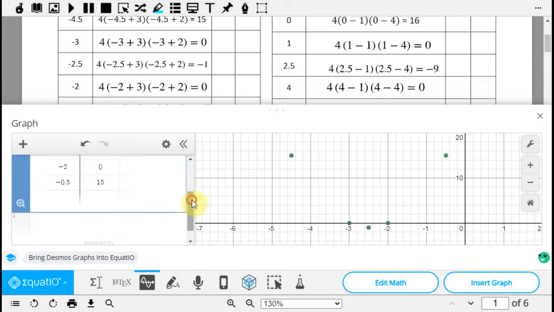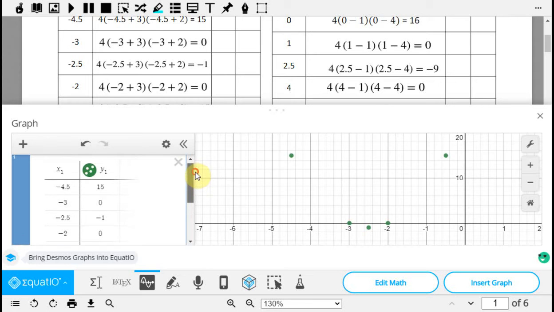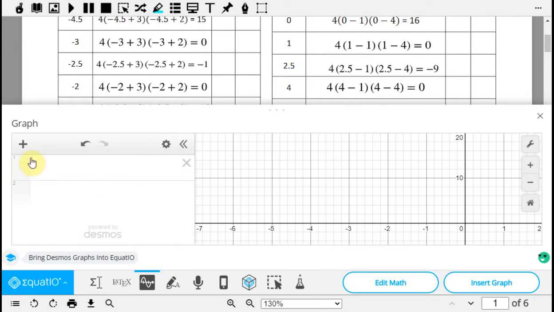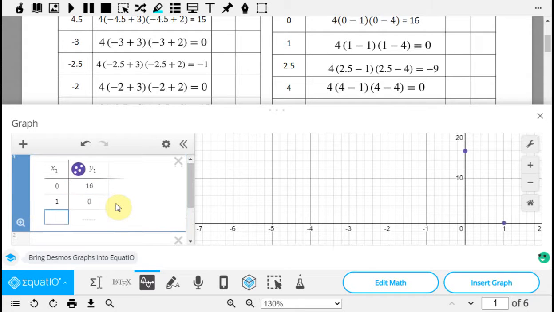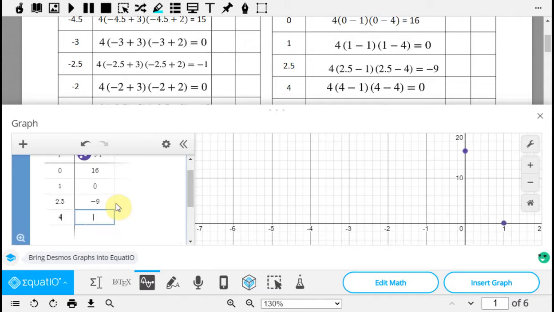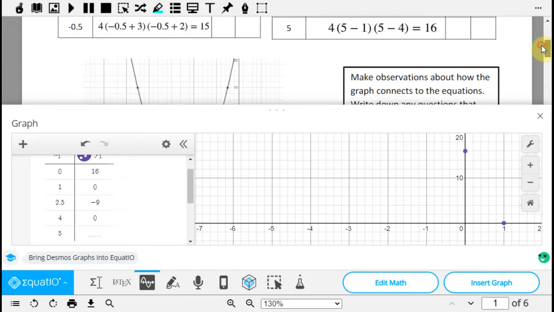We'll clear this equation, clicking the X, and we're going to clear this table and start from scratch. Starting with 0, the answer is 16. 1, 0, 2.5, minus 9, 4, and 0, and 5, and we had 16 there.